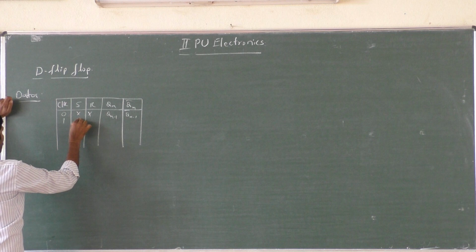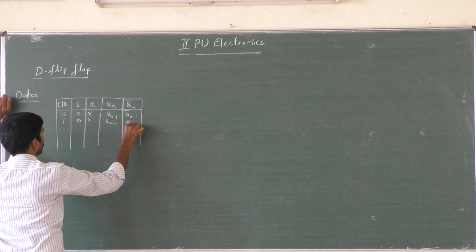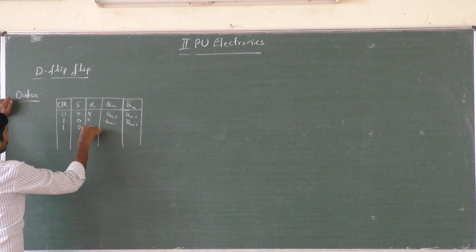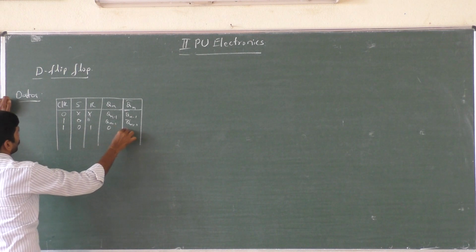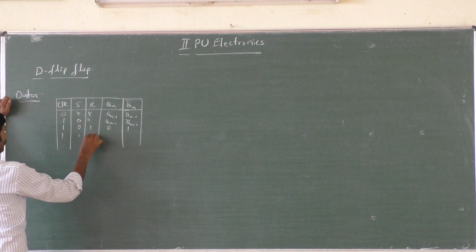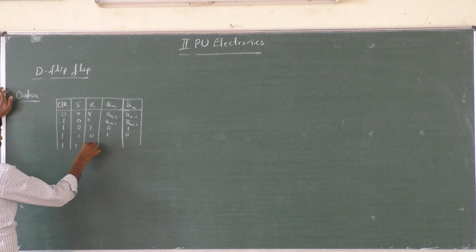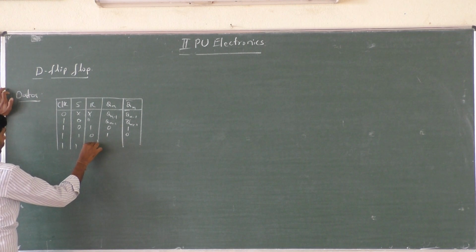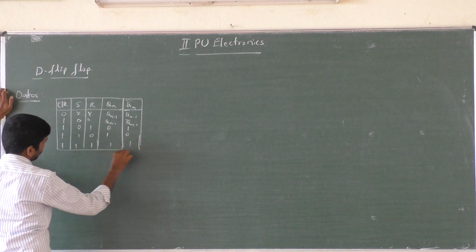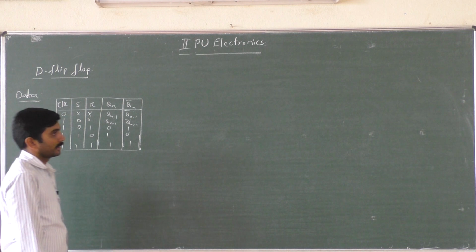If clock equal to 1, S 0, R 0, once again Qn minus 1 bar. If clock equal to 1, 0 1, Qn 0, Qn bar 1, this is reset. If clock equal to 1, S 1, R 0, this is set, and the last one 1 1. Here we can see the same logical levels at the outputs of Qn and Qn bar.